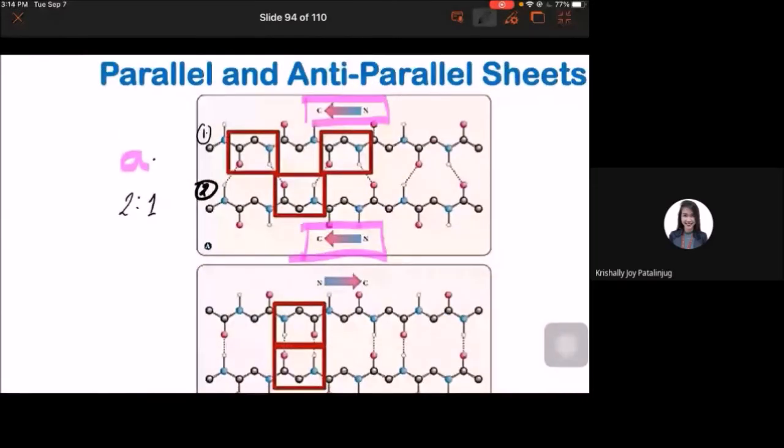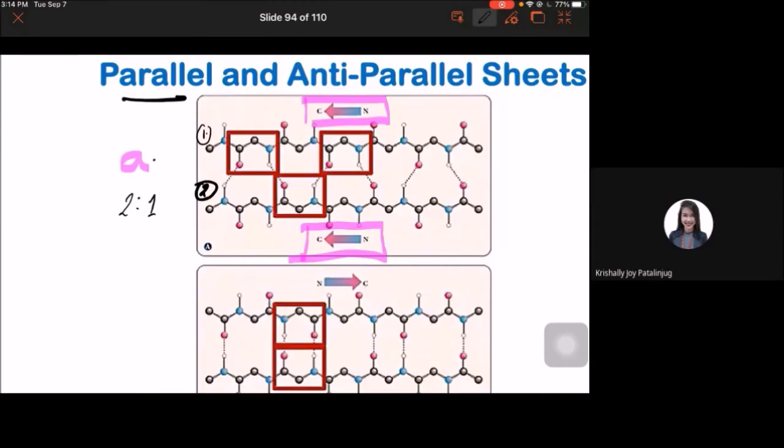So kapag parallel direction, parallel sheets, ang epekto sa hydrogen bond formation is 2:1.